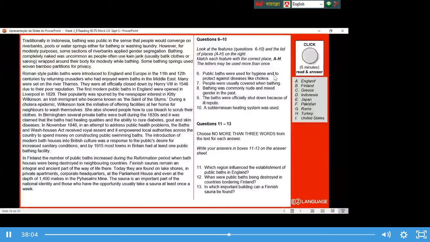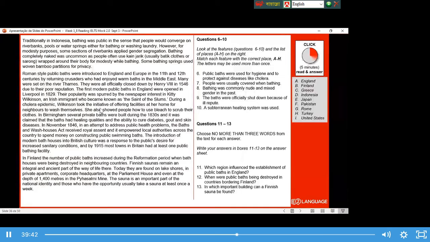Number nine: baths were officially shut down because of ill repute. Here you can see that due to ill reputation, they were all officially closed down by Henry VIII in 1546 due to their poor reputation.